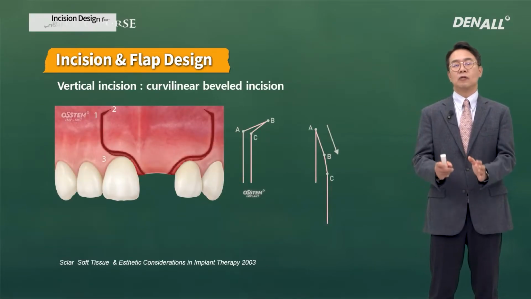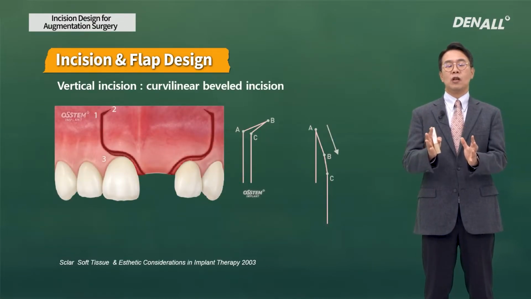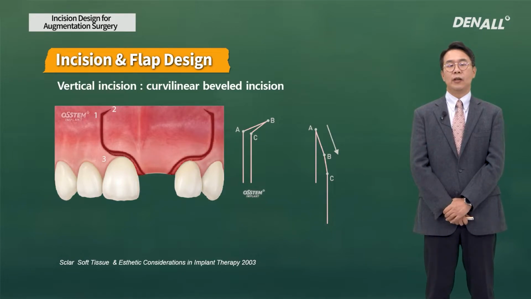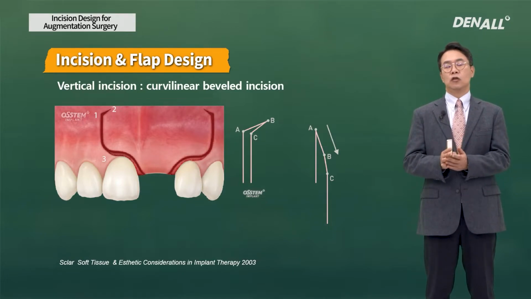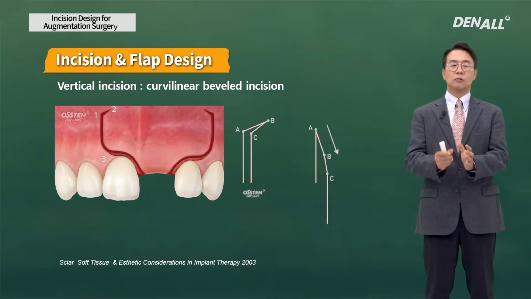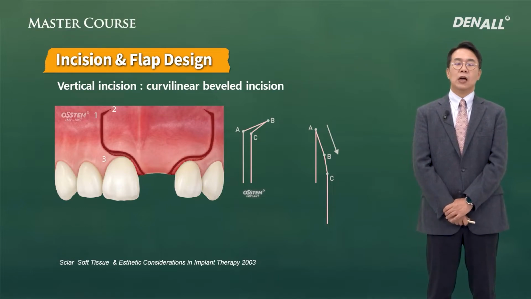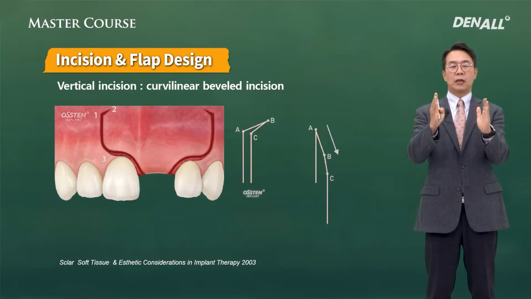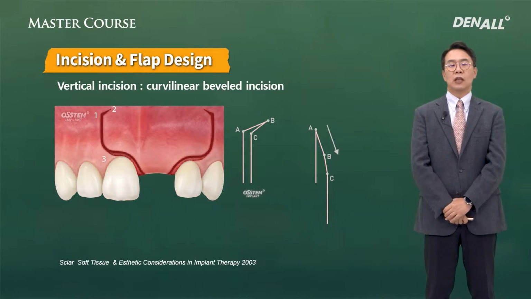The principle is utilized in the curvilinear beveled incision, which provides cutback incision to augment vertically. Between number 1 and 2 in the figure, there's the cutback. That is, the base becomes narrower than the direction that we want. So incision is made like that.